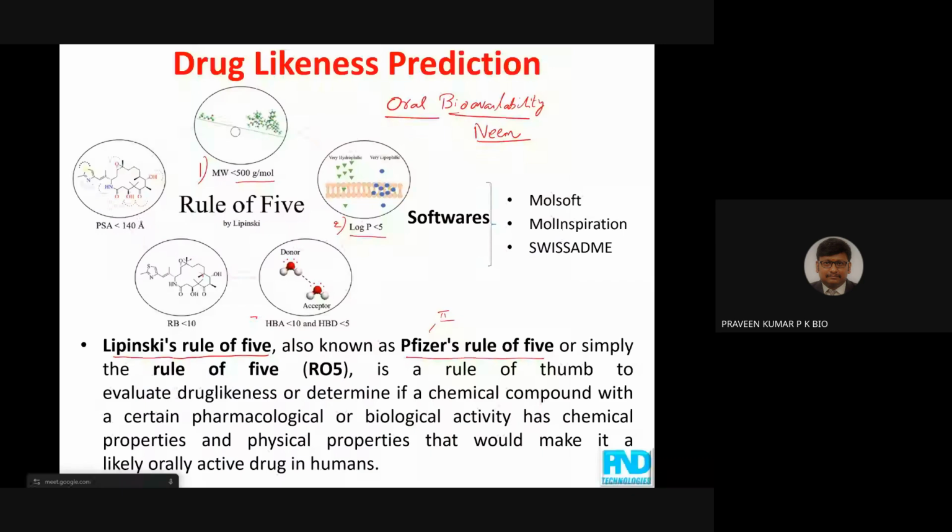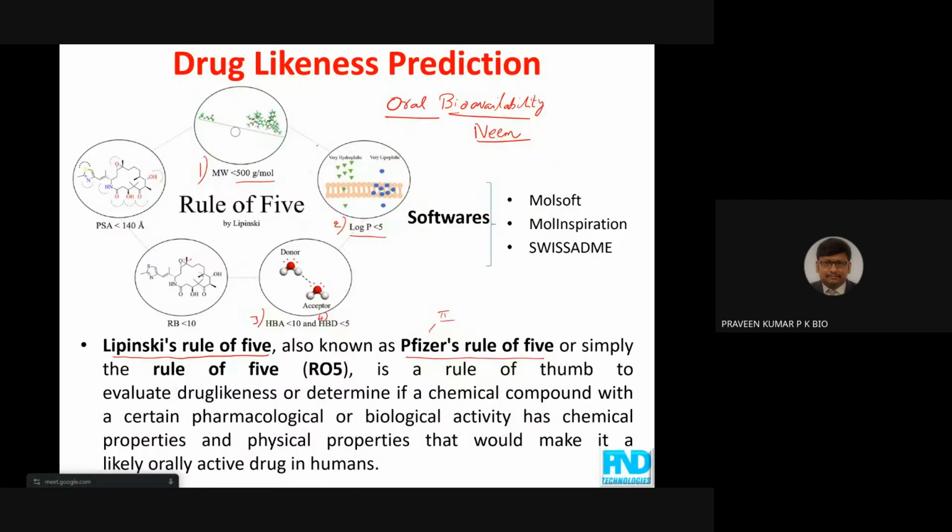The third is the hydrogen bond acceptor, which should be less than 10, and the hydrogen bond donor should be less than 5. So these are the four properties of the Lipinski rule of 5. Then why do we call it the rule of 5? Because all these four properties have multiples of 5. Just because we have multiples of 5, we call this the Lipinski rule of 5.